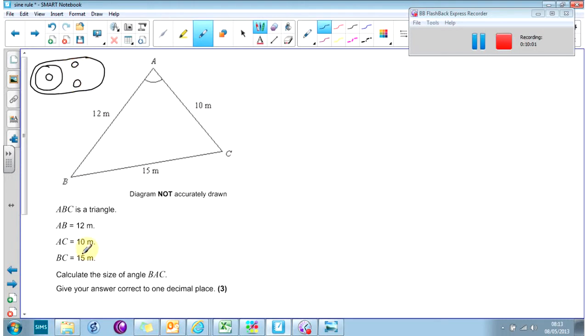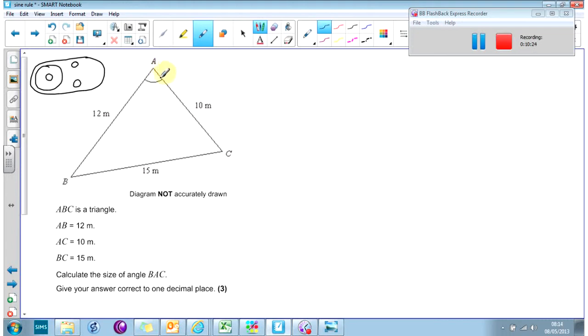Right, now I've put this one in because I thought I'd put in a problem that actually isn't a sine rule problem, just so you can see why not. So I'm looking at this and I've got three sides here, brilliant. There's no right angles, or at least I'm not sure there's any right angles. I could test to see if this obeys Pythagoras, but I'm pretty confident it doesn't.